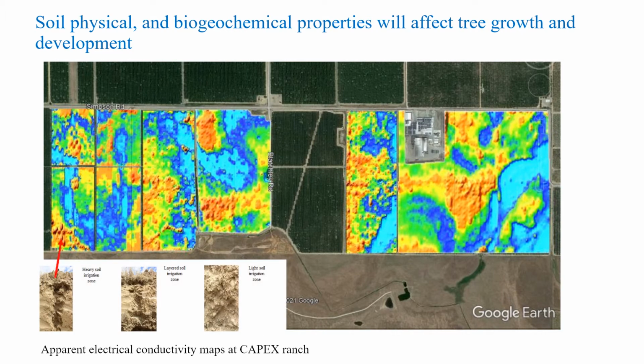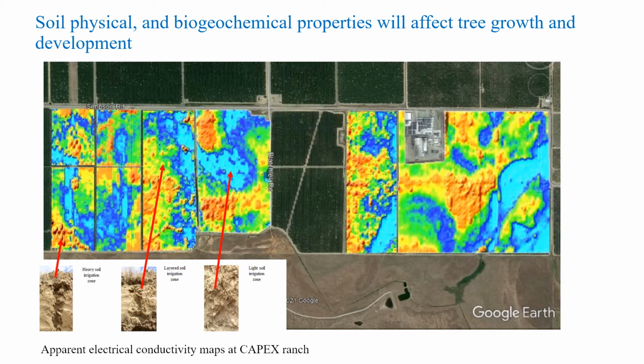You can see that the soils range from an orange color to a green to a blue color. The reddish orange color is very nice deep clay soils, and the green color are sort of transitional soils between the nice heavy clays and the blue, which are very light sandy soils.